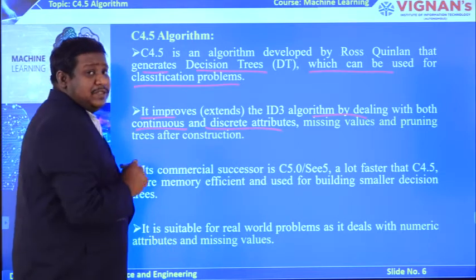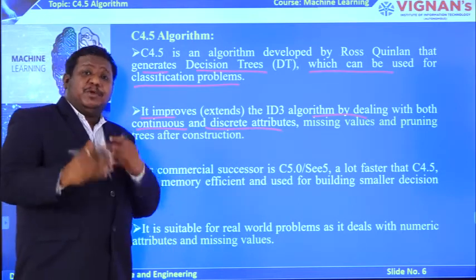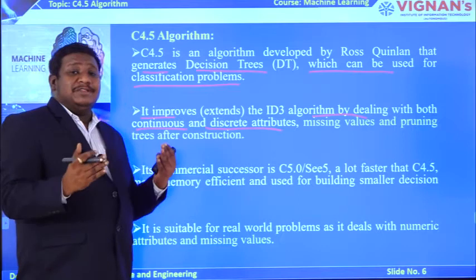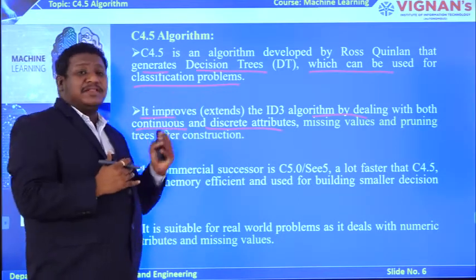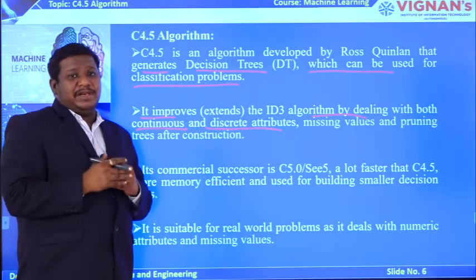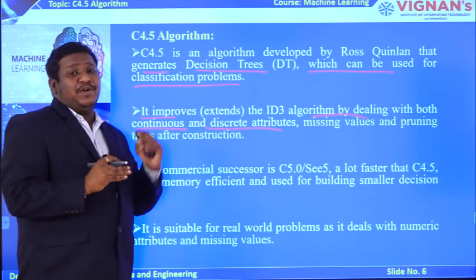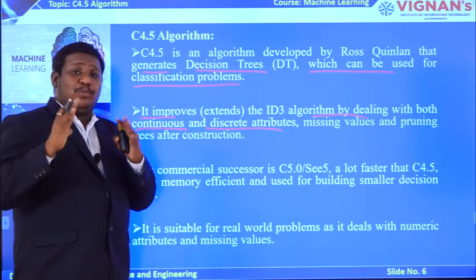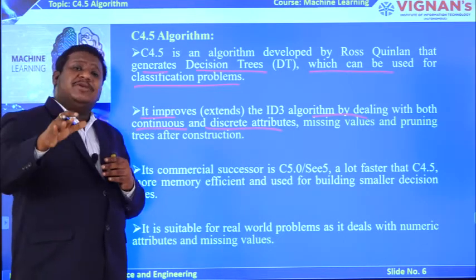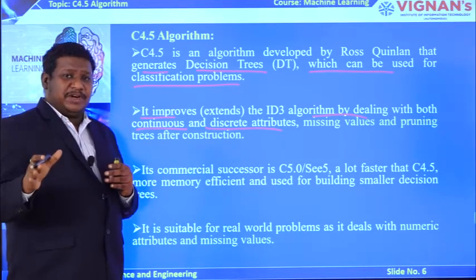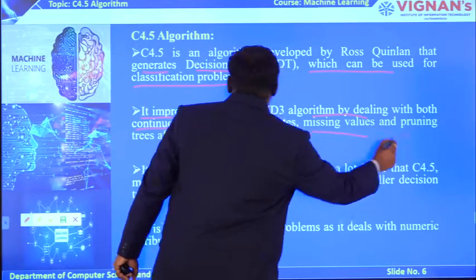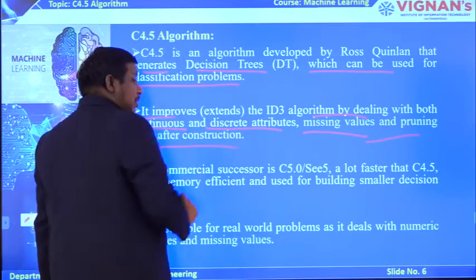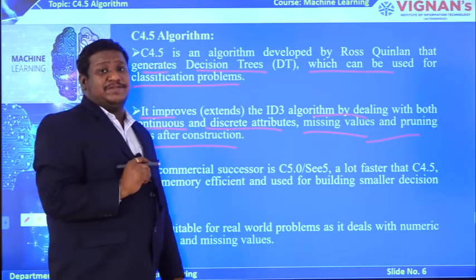Whereas in ID3 algorithm we are dealing with only continuous values, in C4.5 algorithm we are going to deal with both types of data, continuous and discrete. Missing values and pruning the trees after construction also can be done in the C4.5 algorithm.